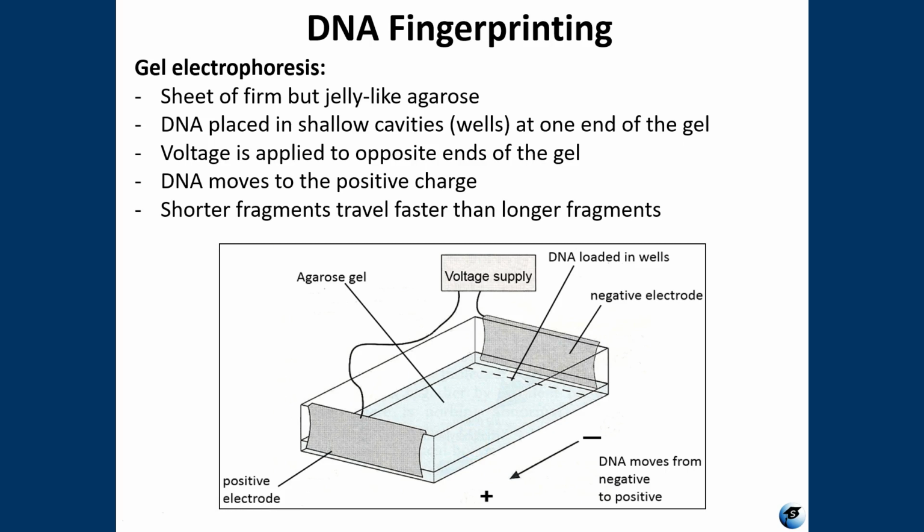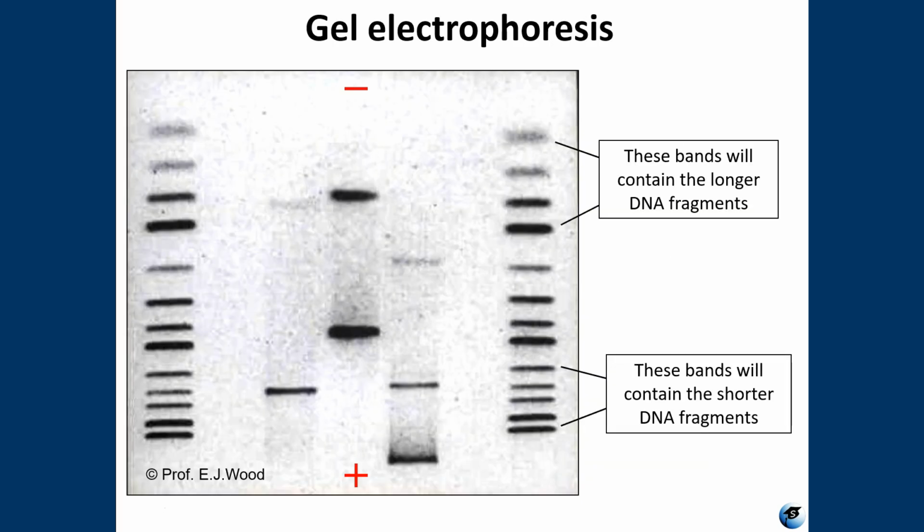So in the agarose gel electrophoresis, the gel is oriented horizontally. In a buffer solution, the samples are loaded into the wells on one side of the gel, that's the side that's closest to the negative electrode, and the DNA is drawn through the molecular sieve of the agarose matrix down towards the positive electrode.